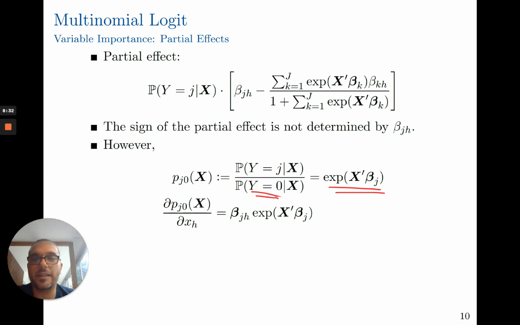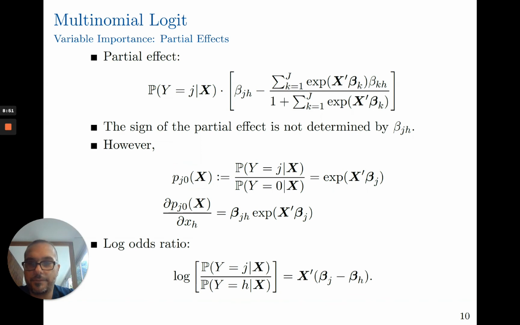And if we take the derivatives of this quantity, the relative probabilities with respect to the baseline, then we get something similar to the logit partial effect. And the log odds ratio will also depend on x and the differences of the betas between the two classes that we are considering.